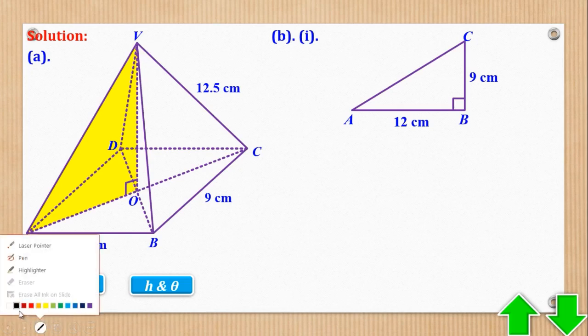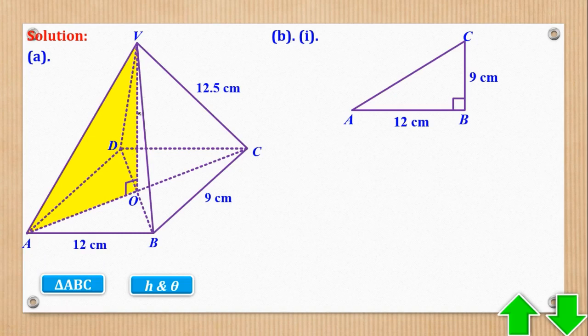But the funny thing is that we don't know this height, but we know this slanting edge, it is 12. But we don't know this length OA. So the first thing to do is to get triangle ABC. So we have to remove that and first look for triangle ABC, which is that.